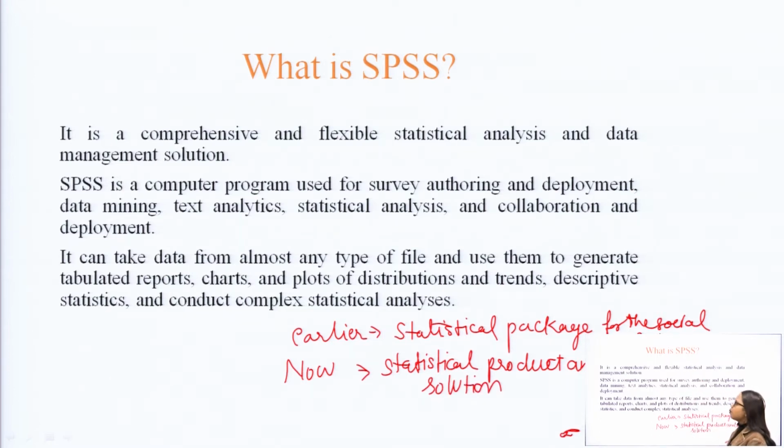So, the full form of SPSS, earlier it was known as Statistical Package for the Social Science, and now it is known as Statistical Product and Service Solution. It has one other new name known as PASW, which means Predictive Analytical Software.